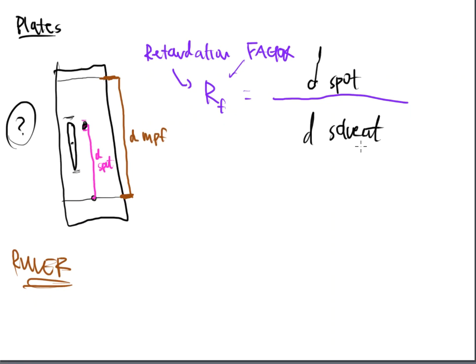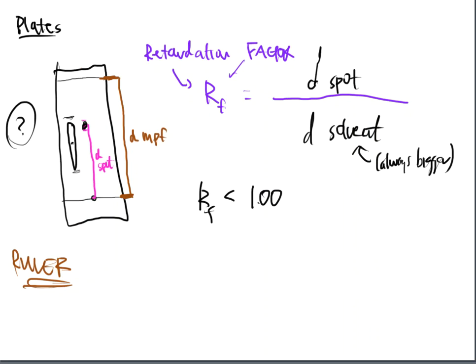This number will always be bigger because that's your mobile phase front. That makes sense, right? So if this number is always bigger, then that means your RF will always be smaller than 1. There's no way it can be greater than 1.